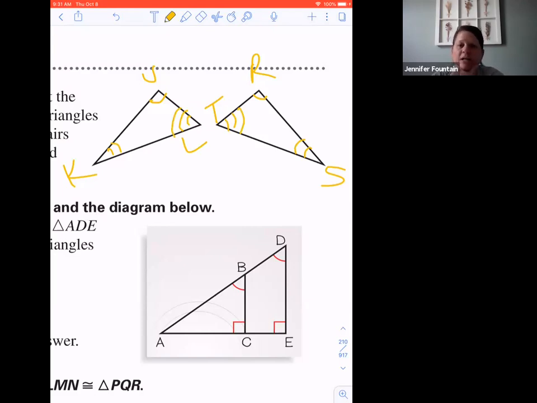All right, now we've got to do our sides. Now we know that JK is going to correspond with RS. We know that KL will correspond with ST, and that JL will correspond with RT.